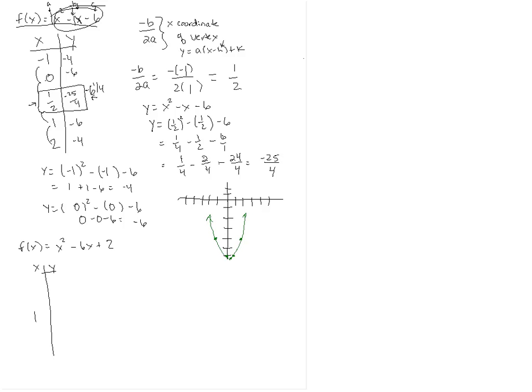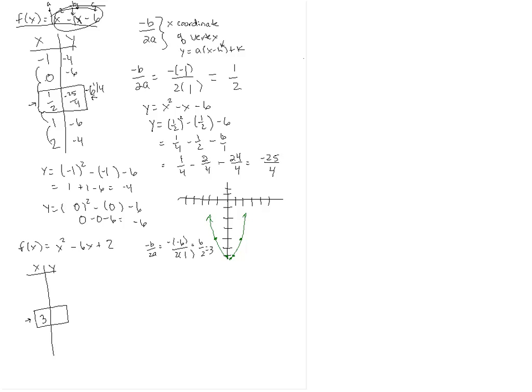I could complete the square, but I don't have to. This right here is the opposite of b over 2a. So put in your b and put in your a. And what do you get? You get 6 over 2, which is 3.